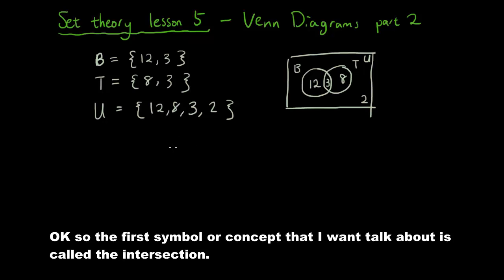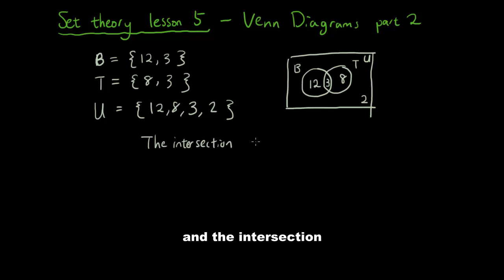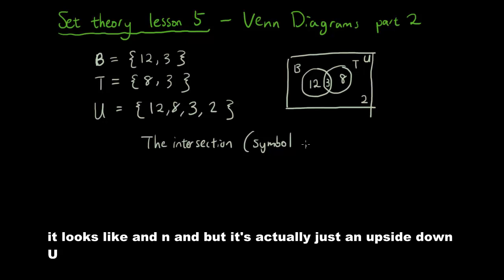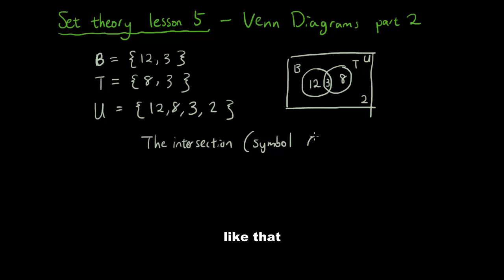Okay, so the first symbol or concept that I want to talk about is called the intersection. And the intersection has a symbol N. It looks like an N, but it's actually just an upside down U, like that.